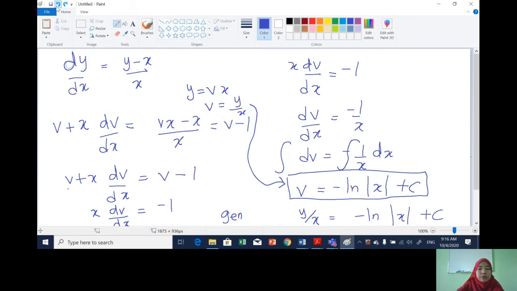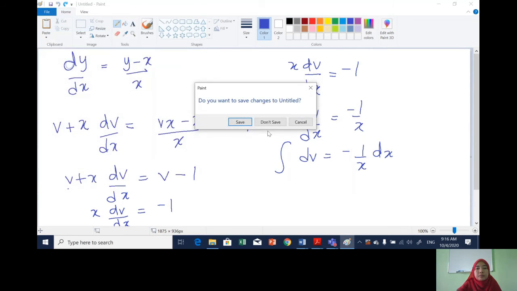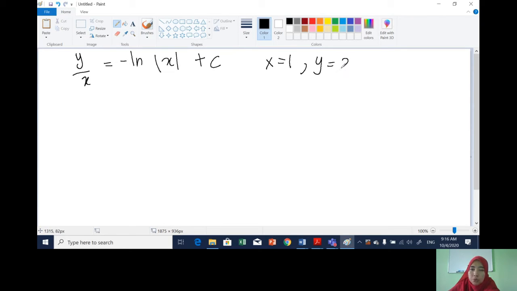After we have the general solution, I'm going to write it down again: y over x equal to negative ln x plus c. We use the given values, x equal to 1 and y equal to 2, and substitute them into our general solution.